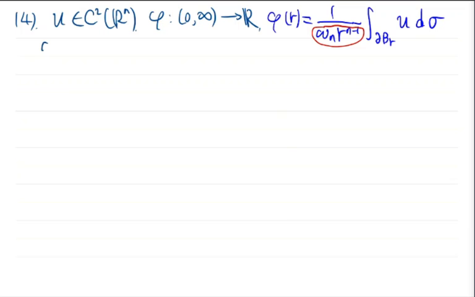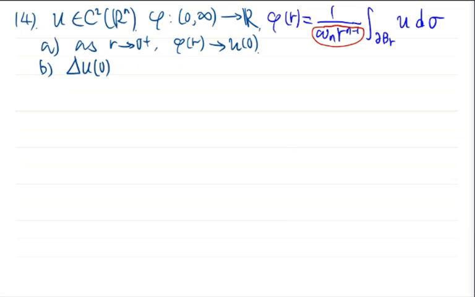The first question: as r goes to 0, phi r goes to u at 0. This is the first question. The second question: suppose the Laplacian of u at the origin is not 0.